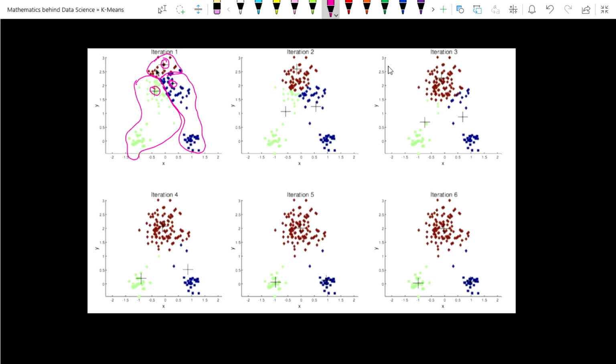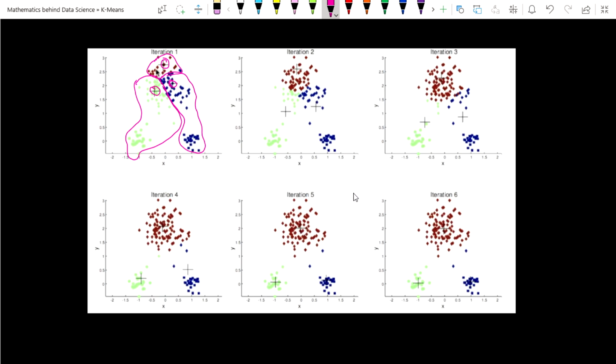The same thing happens for iteration 3: based on these centroids we calculate the clusters, and update again. So at the end of some iterations, we will find that the centroids are not much changed.